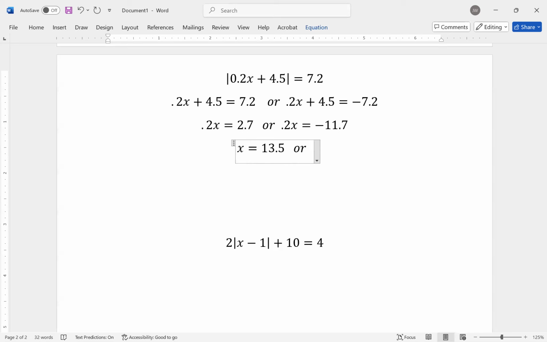The second equation becomes x is equal to negative 58.5. So those are the solutions to this absolute value equation. I should say these are the two solutions to this absolute value equation.